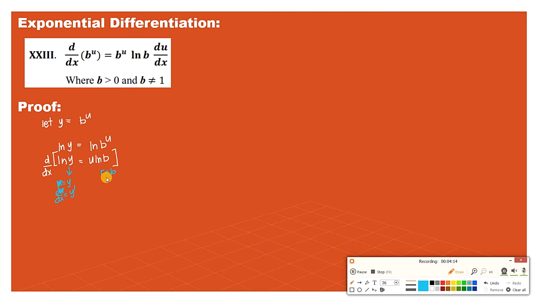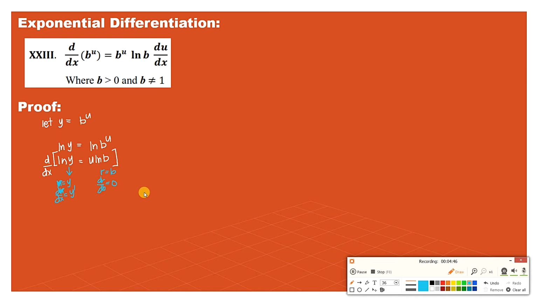Tapos, yung dr over dv, kung constant si b, parang 0 lalabas. Okay, nasusundan ba yun? Depende kung si b ay constant or hindi. Otherwise, kung hindi, variable siya, kaya db over dv is equals to 1.